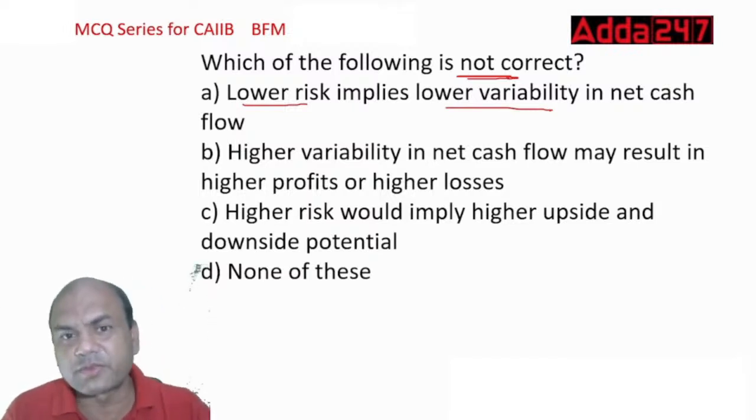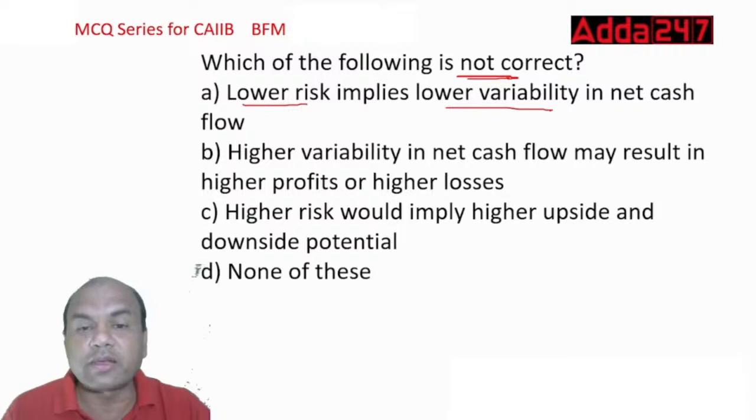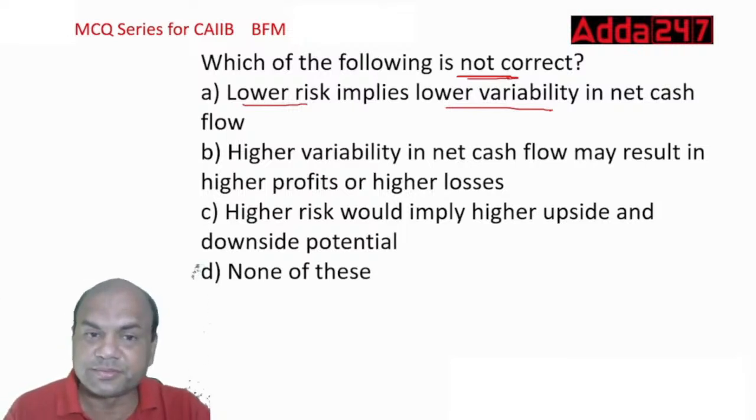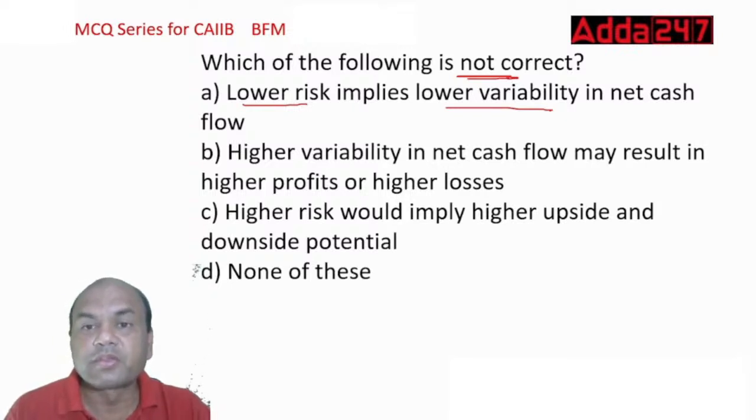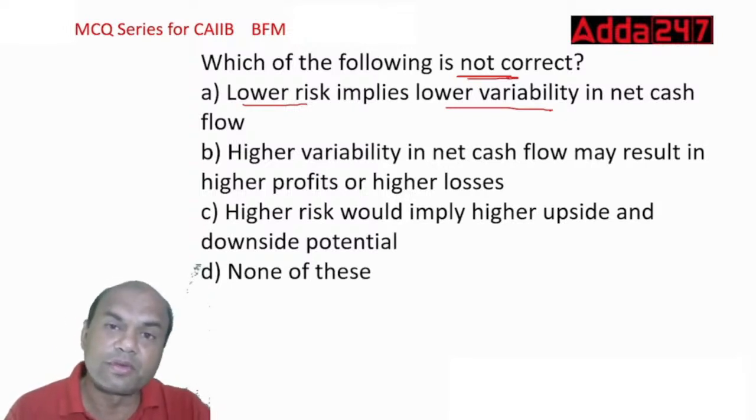Okay, let me get the answer from you, then I'll explain. Higher variability in net cash flow may result in higher profits or higher losses. Higher risk would imply higher upside or downside potential, and none of these. So first one, lower risk means lower variability. So that is true? Yes, that is true. Why?